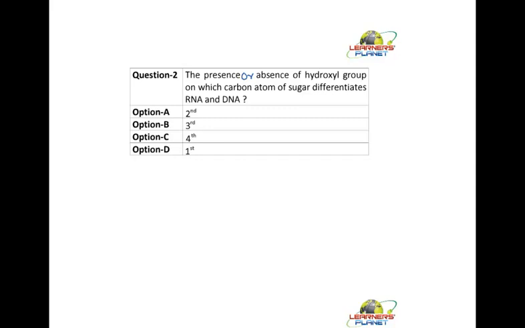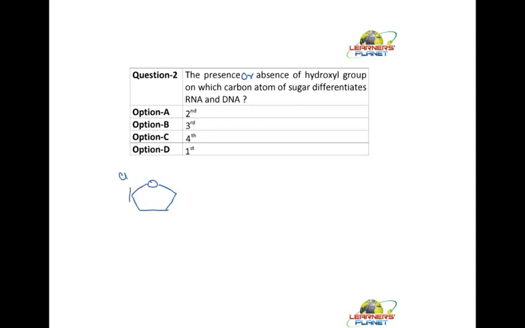I'll draw the structure over here, students. This is O, and it is actually a pentose sugar. Ribose and deoxyribose are pentose sugars.